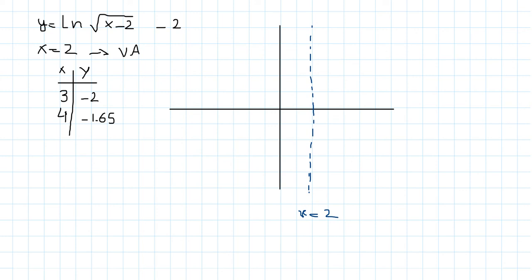If x is 3, it will be minus 2. It is my first point. Next point, if x is 4, y is minus 1.65. It is the next point. X is 4 and x is 3 here. Okay, I can draw it easily.